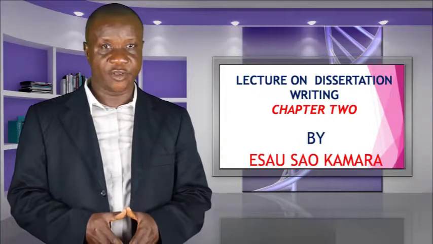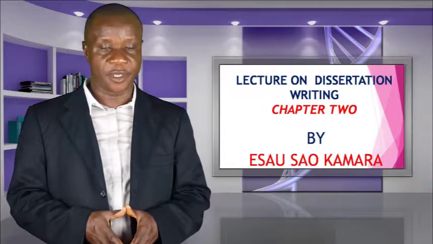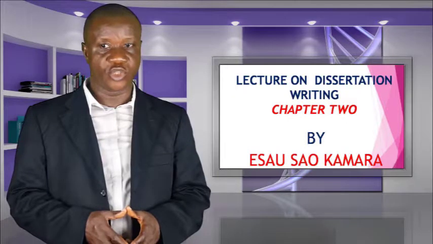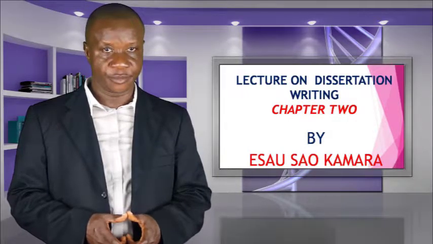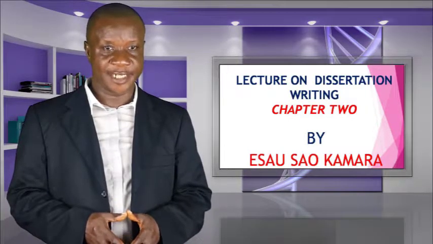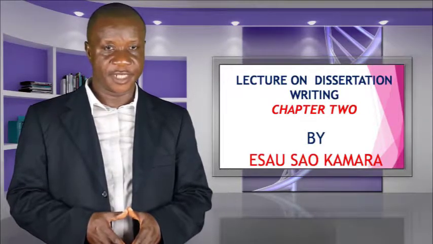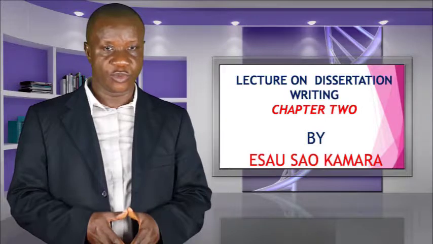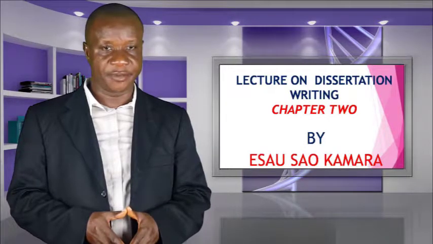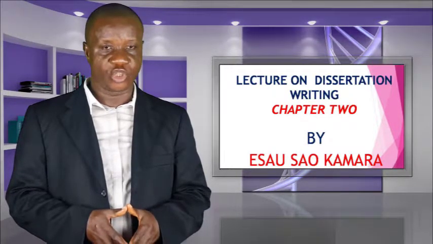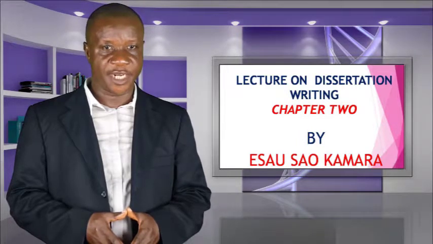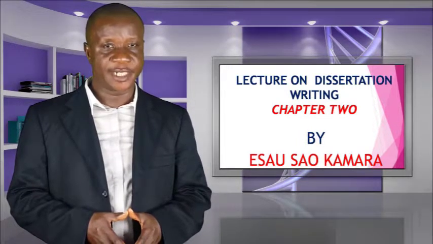I said the first thing you have to note is your research topic. The topic should be researchable. You have to test the hypothesis of your dissertation with respect to your specific objectives. If your topic is not researchable, you will find it difficult to write a dissertation.